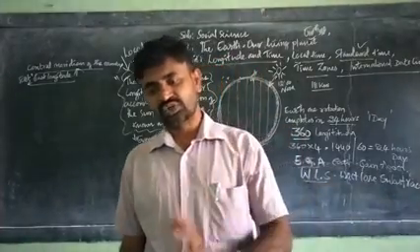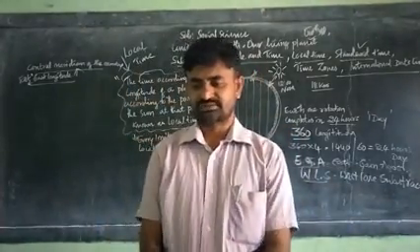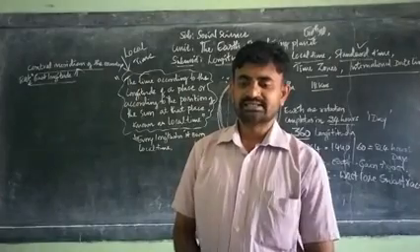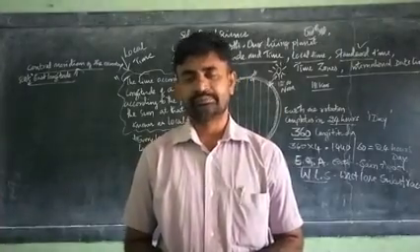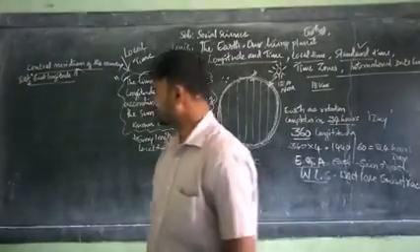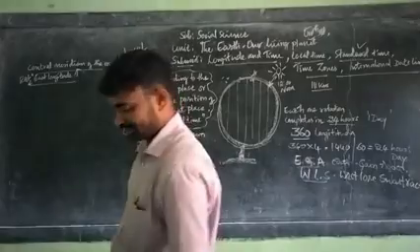It passes through Allahabad of Uttar Pradesh. The time based on this meridian is called Indian Standard Time, IST.